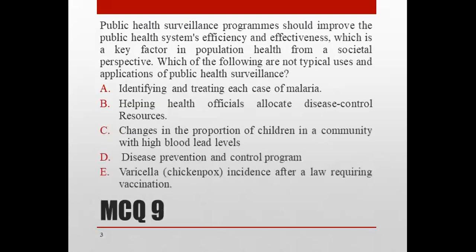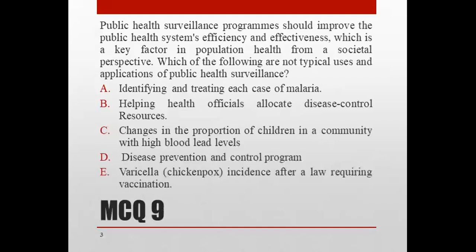MCQ 9. A public health surveillance program should improve public health system efficiency and effectiveness, which is a key factor in population health from a societal perspective. Which of the following are not typical uses and applications of public health surveillance? Alpha, identifying and treating each case of malaria; beta, helping health officials allocate disease control resources; C, changes in proportion of children in community with high blood levels; delta, disease prevention and control program; E, chickenpox incidence after a law requiring vaccination.